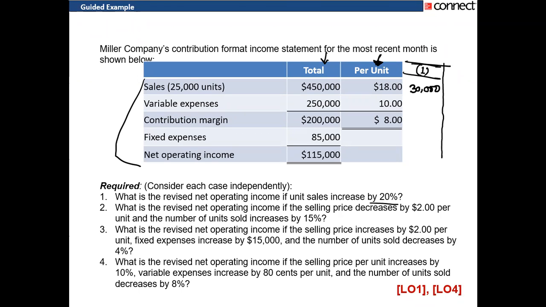So apply that number on the sales to get the variable expense applicable here. Apply the 55.56% on the 30,000 to get the variable expenses. How much is it?